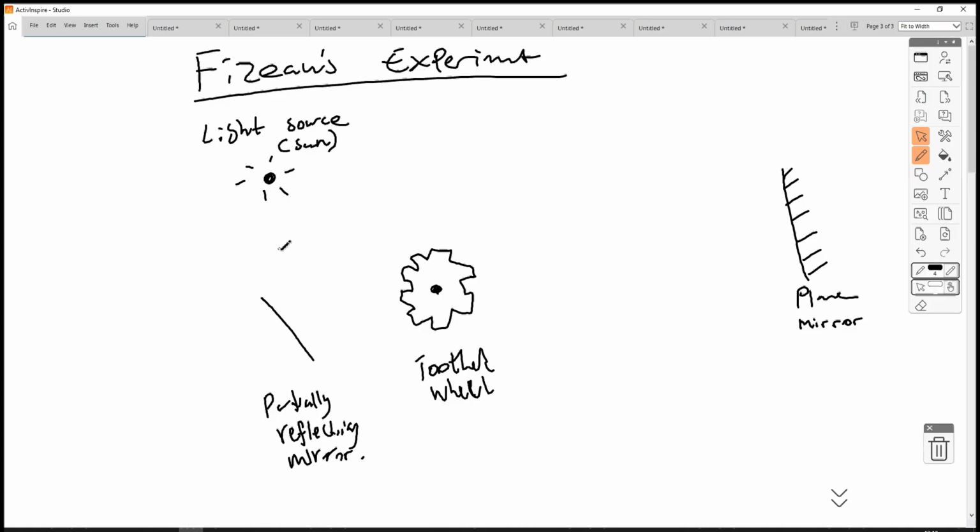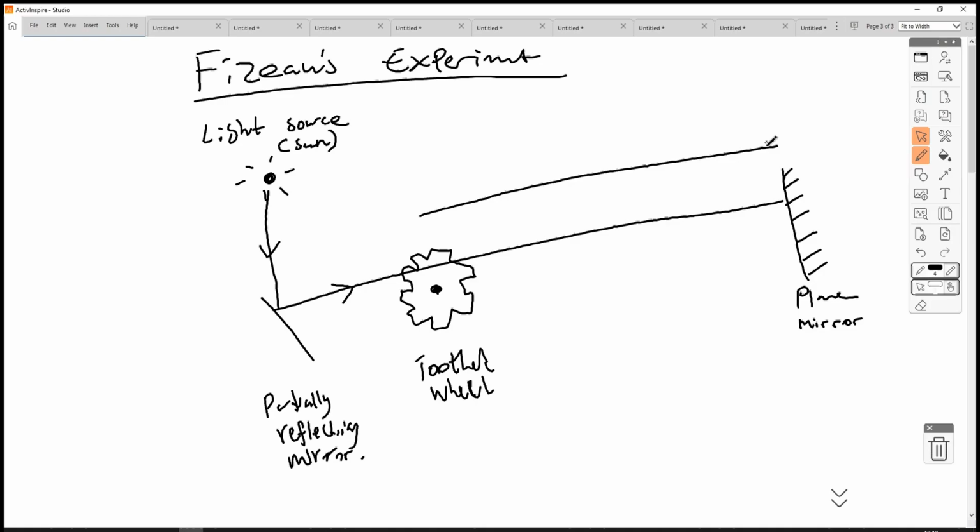So what would happen is light rays would come down from the light source. They would reflect from that partially reflecting mirror. They would go past the toothed wheel, and from the toothed wheel to this plane mirror would be a very long distance, which could be several kilometers.